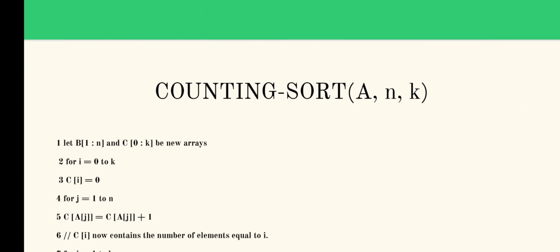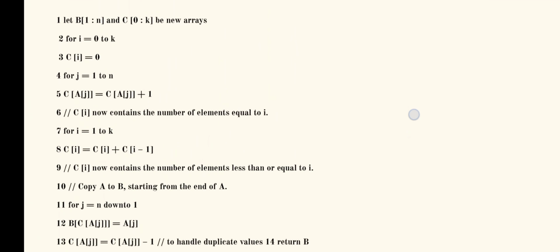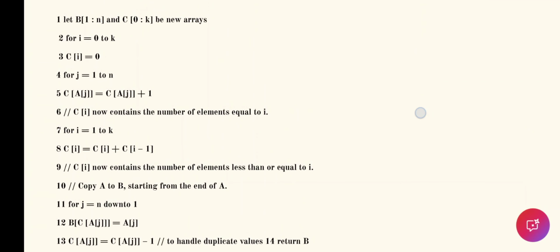Now I'll show you the full algorithm. So the full algorithm looks like this. We are initializing the arrays, then setting the values to 0, then counting the frequency, then doing the prefix sum in the 8th step. We see that C[i] is equal to C[i] plus C[i-1], and C[i] now contains the number of elements less than or equal to i.